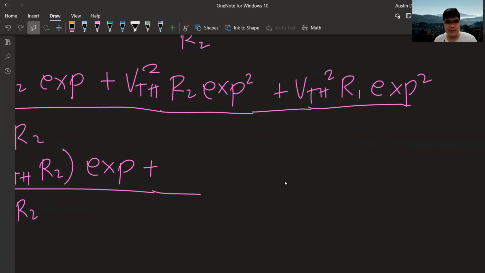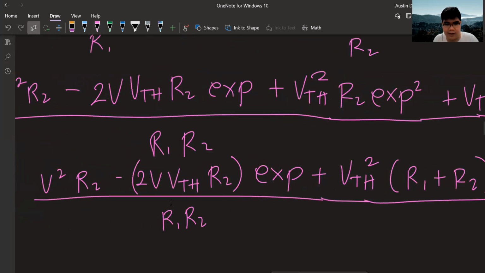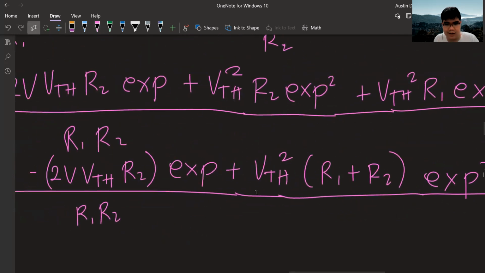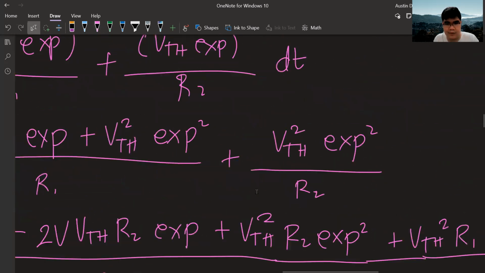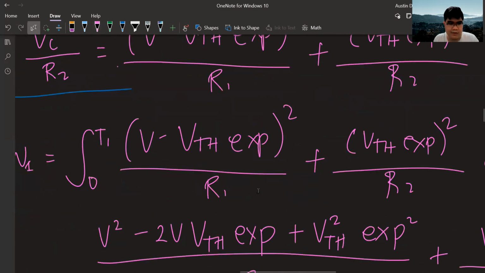So let's have it. VTH squared, then R1 plus R2, tapos EXP squared. Okay, I think this is easier for us to work with. Kasi integrate lang natin si EXP squared tsaka EXP. Okay? So let's do that.